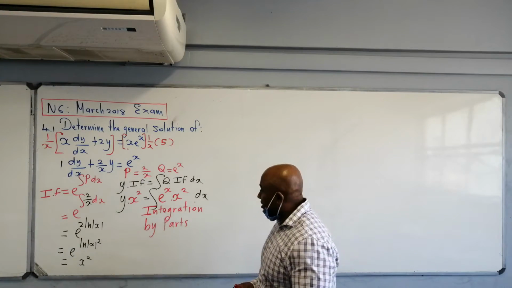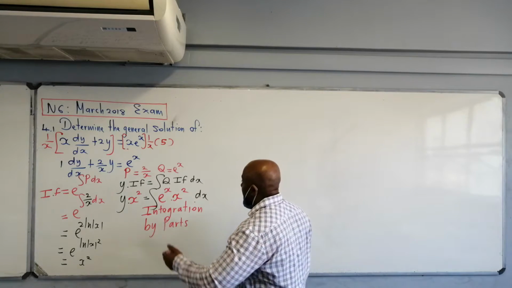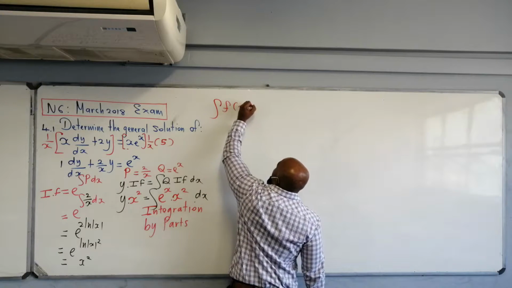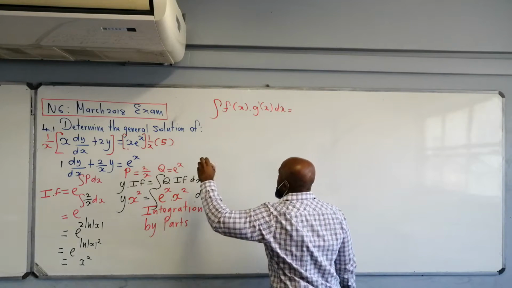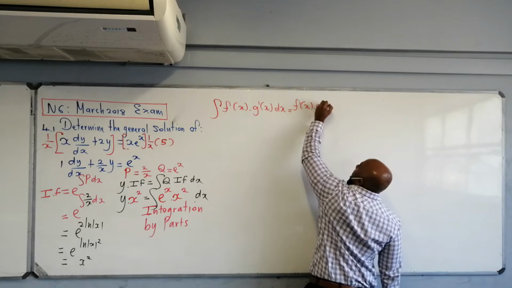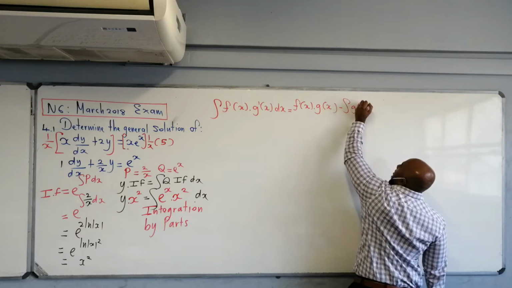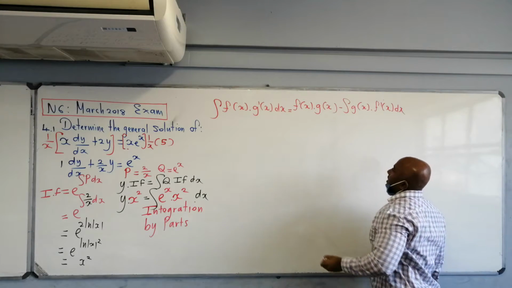It's a common thing. Now, with integration by parts, remember the formula is the integral of f of x times g prime x dx is equal to f of x times g of x minus the integral of g of x times f prime x dx. That is the formula.